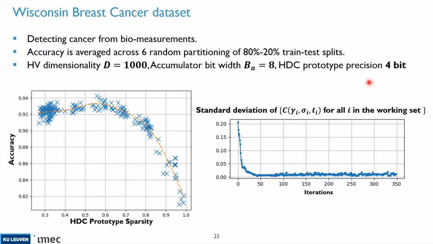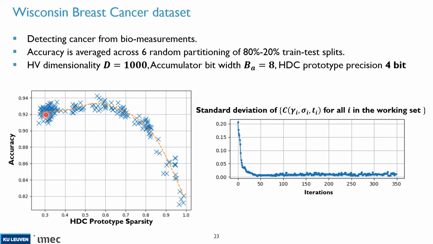What we do is sweep lambda, the parameter that sets the balance between how much you want to maximize accuracy and how much you want to maximize sparsity. We sweep lambda in order to find this Pareto front, this trade-off front between accuracy and HTC prototype sparsity.